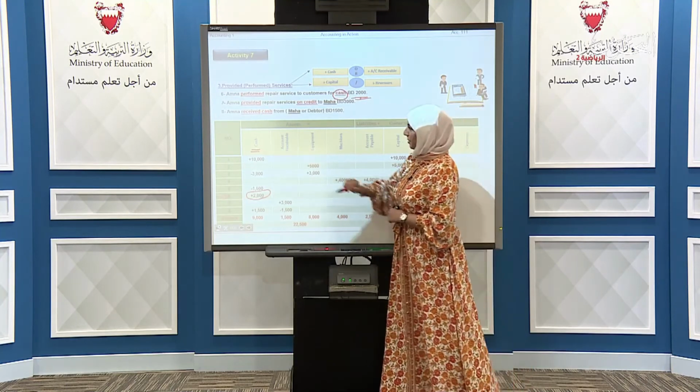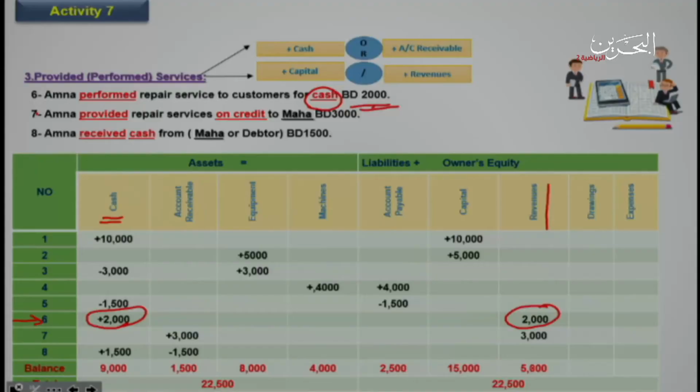Moving to the next transaction, Amna provided repair service on credit to Maha for 3,000. If I provide a service directly, I will gain a revenue. So, coming to the owner's equity section, under revenue, I gain a profit of 3,000.